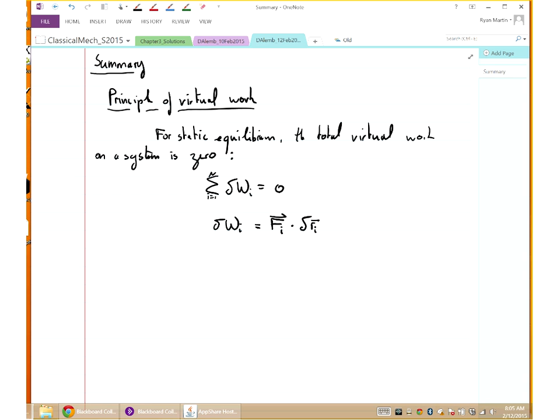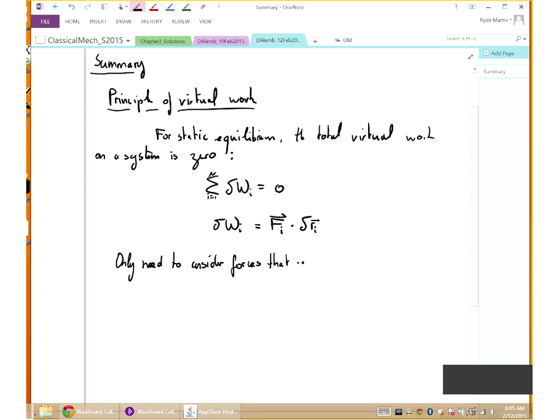And the reason this is nice is that we only need to consider forces that can do virtual work. And so what that means in general is that we can typically ignore internal forces.